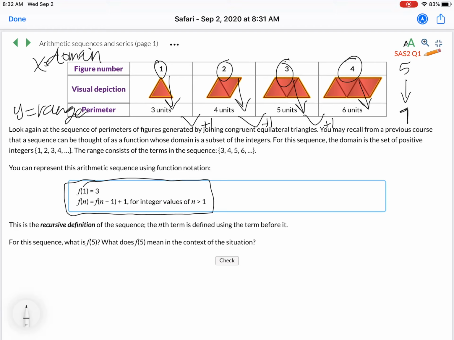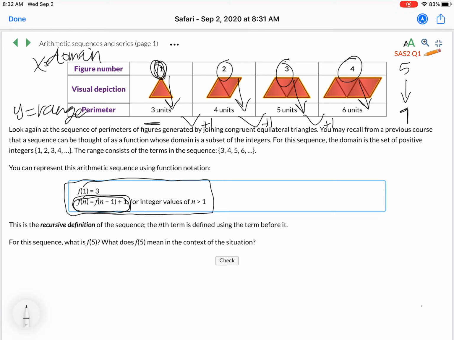This is why and how you got your answer. It says f of 1 equals 3. All that means is when you put in this 1, you are getting out this 3. This right here is our equation, our function notation.